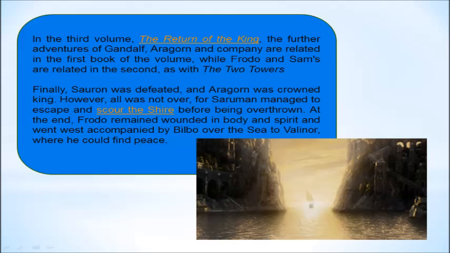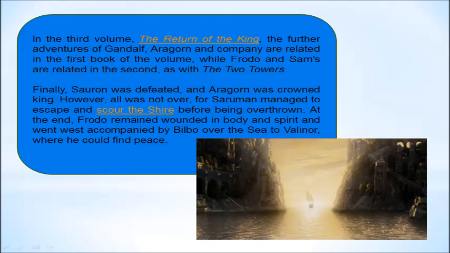And finally, in the third volume, The Return of the King, the further adventures of Gandalf, Aragorn, and company are related in the first book of the volume, while Frodo and Sam's are related in the second, as with The Two Towers. So, finally Sauron was defeated and Aragorn was crowned king.